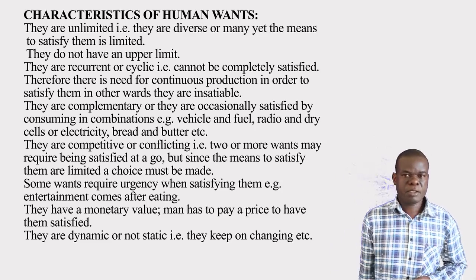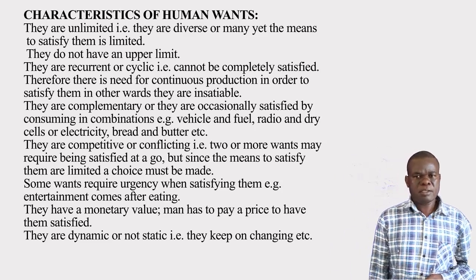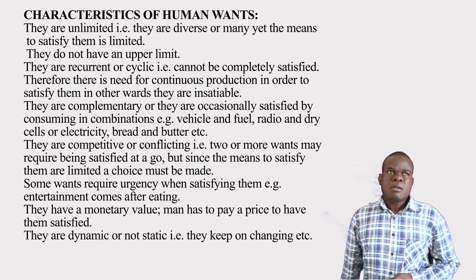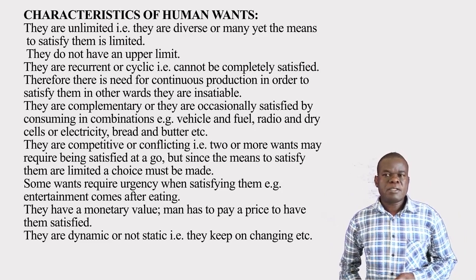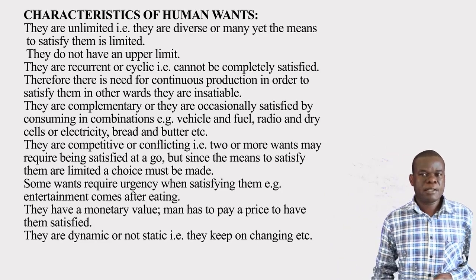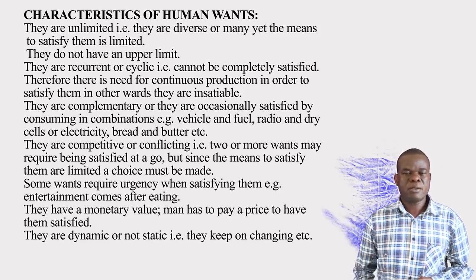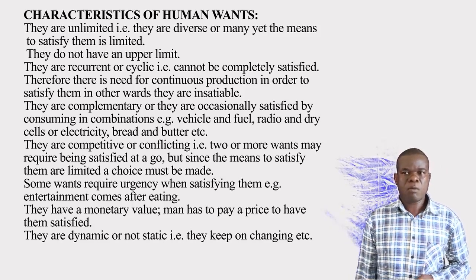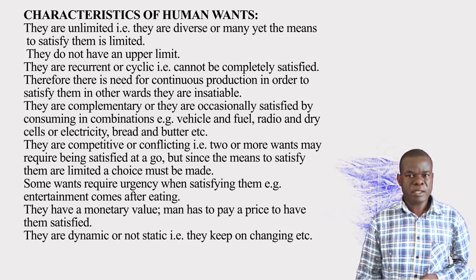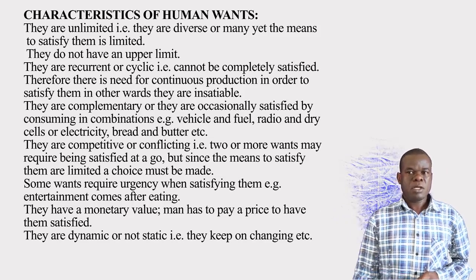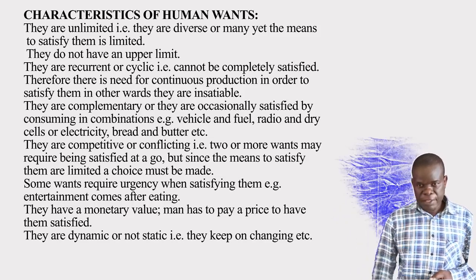The sky is the limit. The second characteristic of human wants is that they are recurrent or cyclic. They keep on reoccurring. You cannot satisfy them completely. Therefore, there is a need for continuous production in order to have them satisfied.